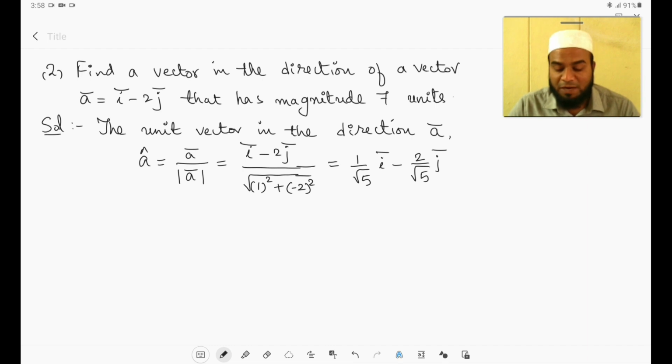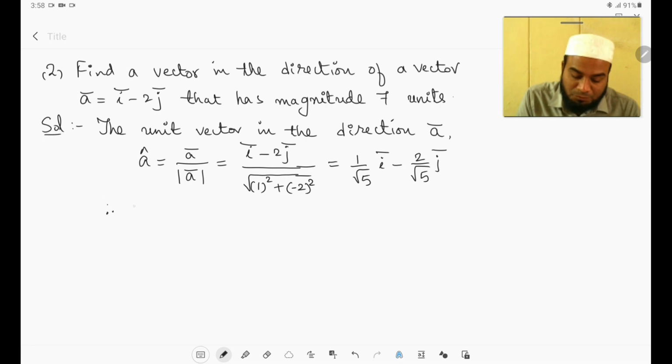Now we have to find a vector in the direction of a bar with magnitude 7. So whatever unit vector we are getting, that vector will be multiplied by 7 to get a new vector whose magnitude is 7, right?